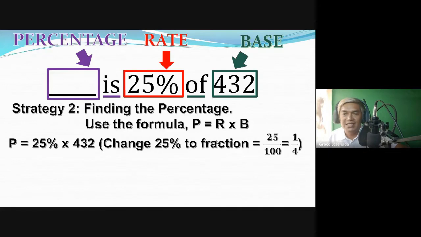The lowest term is 1/4. Then P is equal to 1/4 times 432, giving us 432 over 4. Simply, we divide 432 by 4, giving us an answer of 108.